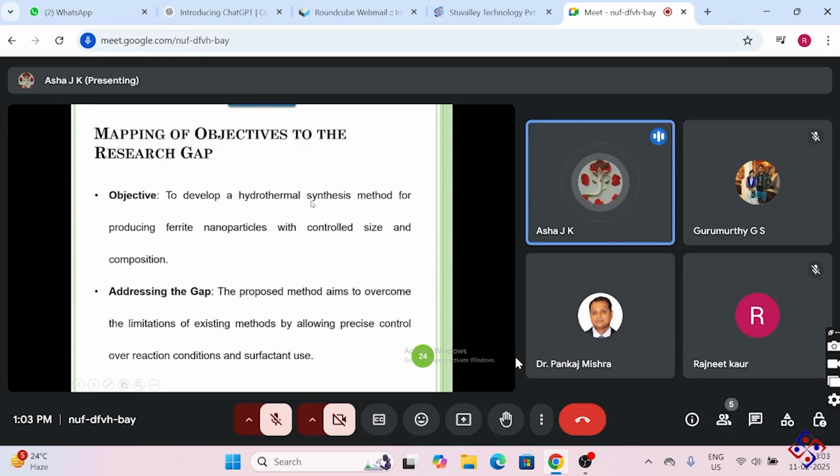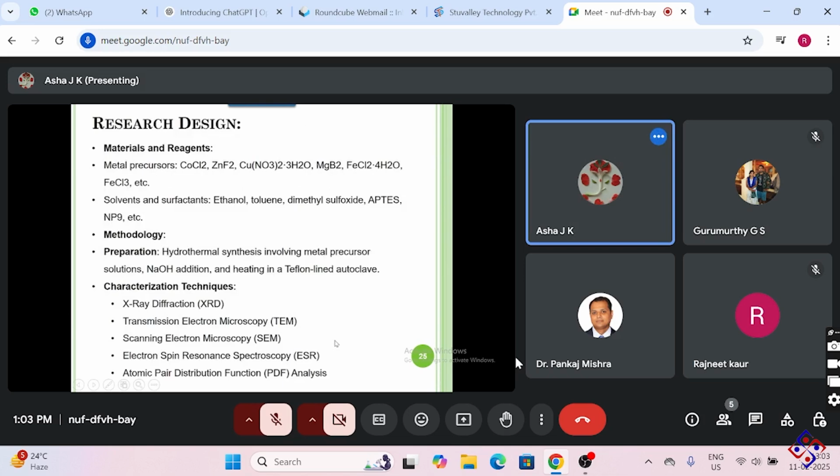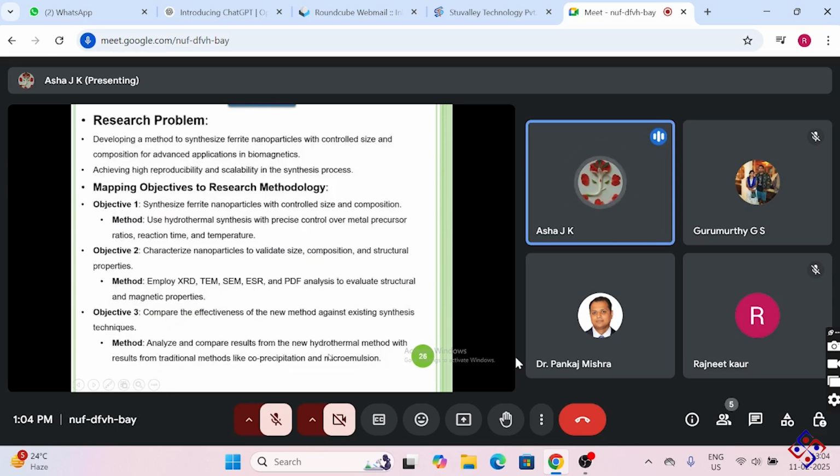The objective is to develop the hydrothermal synthesis method for producing ferrite nanoparticles with a controlled size and composition. To address the gap, the proposed method aims to overcome the limitations of existing methods by allowing precise control over the reaction conditions and the surfactant used. The characterization techniques used are X-ray diffraction, that is the XRD method, TEM, transmission electron microscopy, SEM, scanning electron microscopy, electron spin resonance spectroscopy, and atomic pair distribution function analysis.